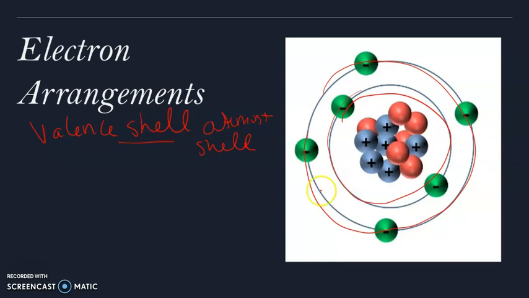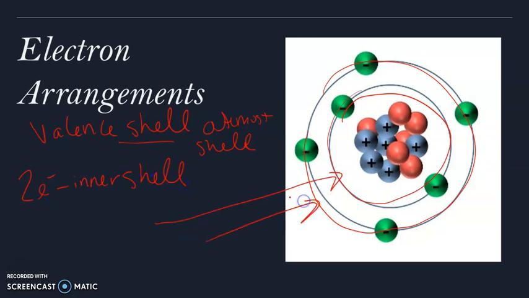We'll start working from the inside out, and that's how we fill our shells with electrons: we always start filling from the inside and work our way out. On the innermost shell, I can fit 2 electrons.